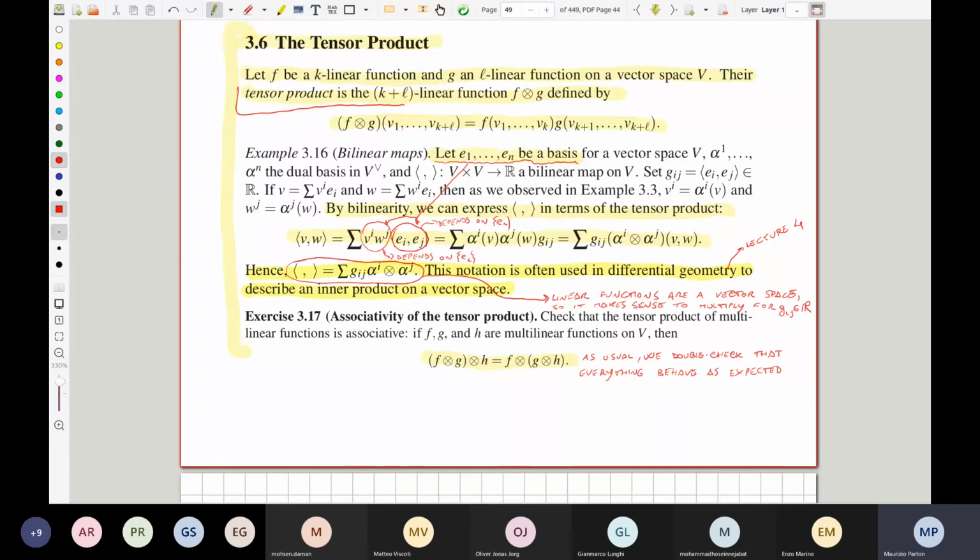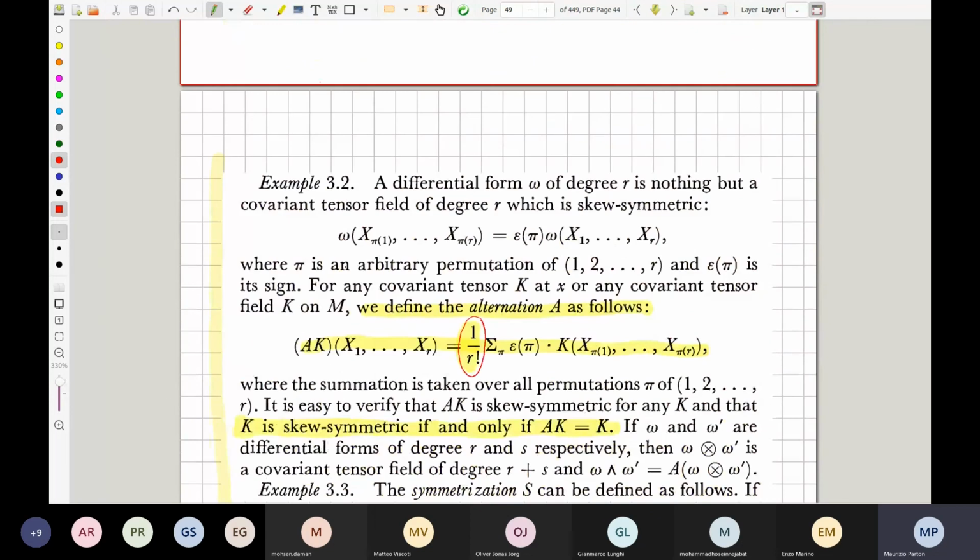So in particular, the tensor product of two dual vectors will give a bilinear map. There are a lot of things to say here, but I'm assuming that we are confident with linear algebra.